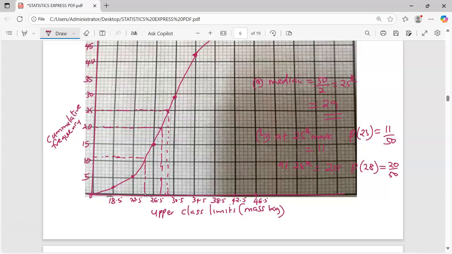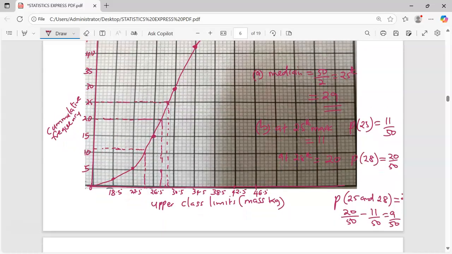Therefore, the probability that the mass lies between 25 and 28 is 20 out of 50 minus 11 out of 50, and this gives us 9 out of 50 as the answer to this question.